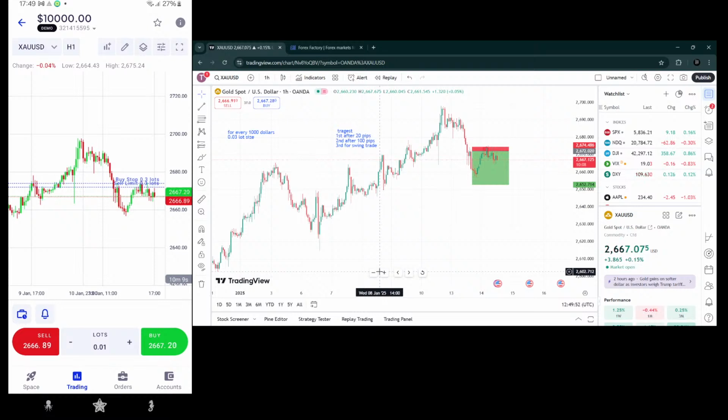Learn the lot size, what the chart patterns are, what price action means, and two other things you have to learn: fundamental analysis and the geopolitical situation. Like if there is any war going on, the market will fly in one way, and that's the best opportunity to earn money. So you have to see a lot of things before doing a trade.